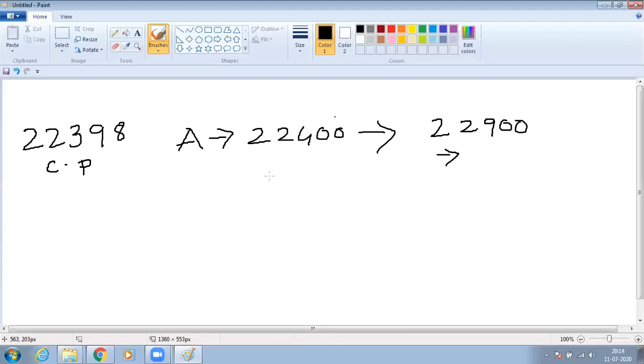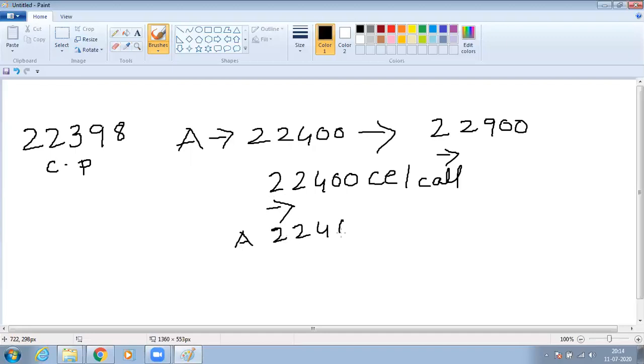He has to buy 22,400 CE. CE means call option. So when you are buying something, somebody should be there to sell this option.